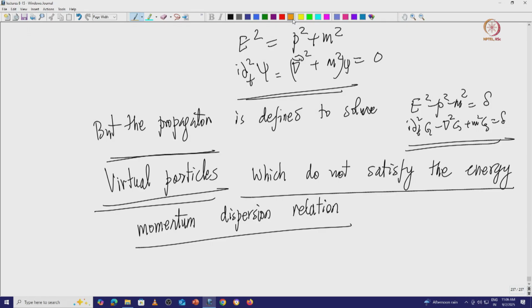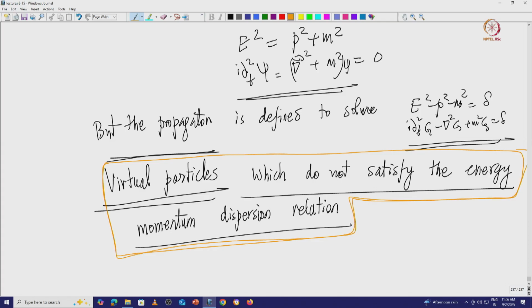This kind of concept is, I think, much better understood physically in a relativistic quantum mechanical setting than in the full field theory setting.